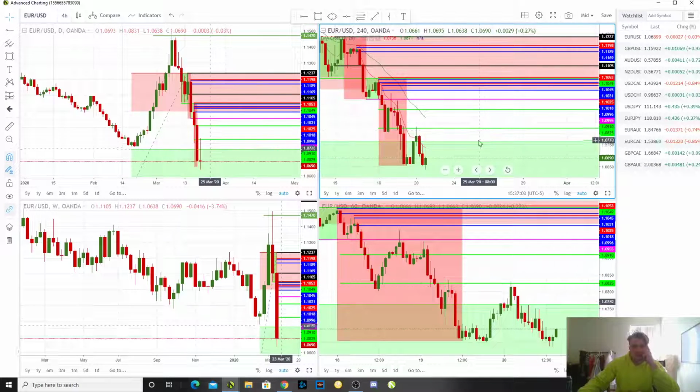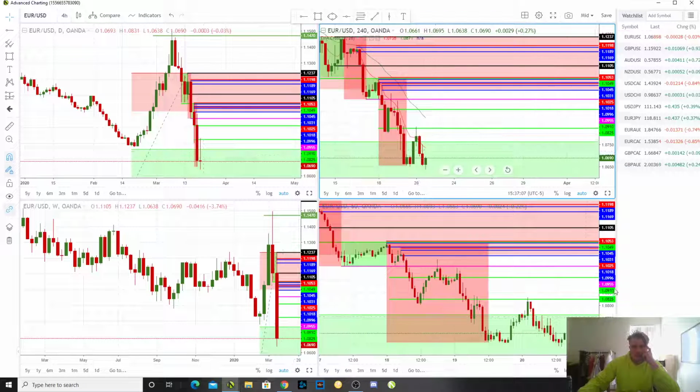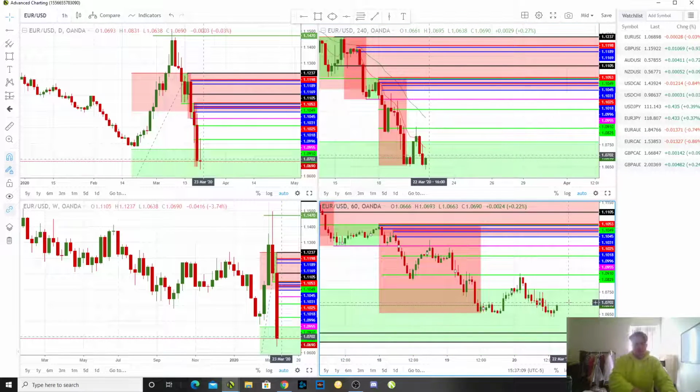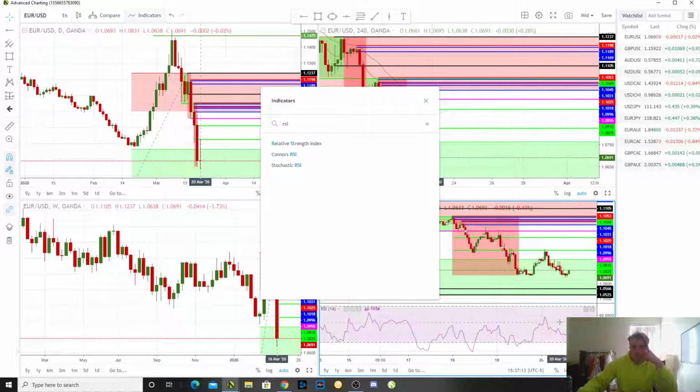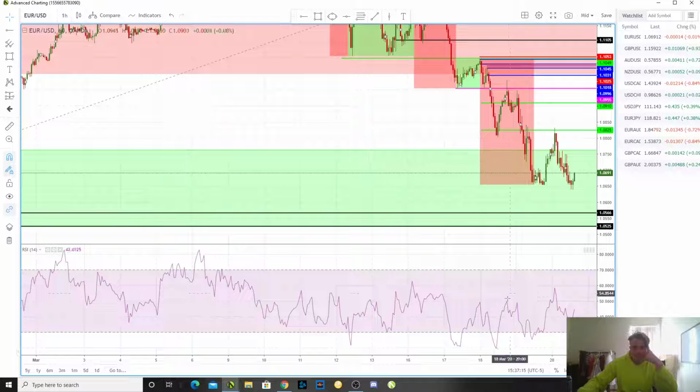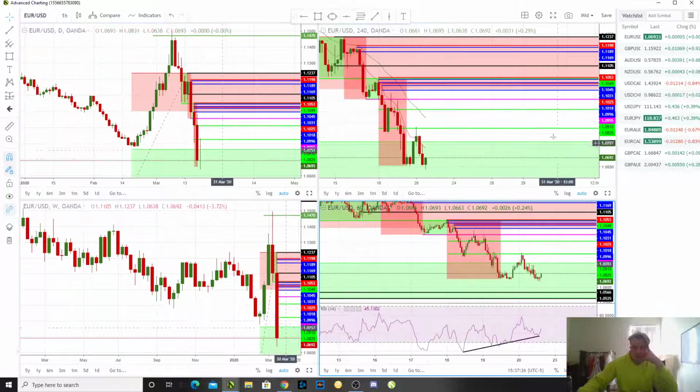The euro, a lot of the majors seem to be. Let's see here. We'll put the RSI on here just for a second. Doing this like divergence. So you got your divergence on the hour. Now the trigger would be the moving average cross on the 240.